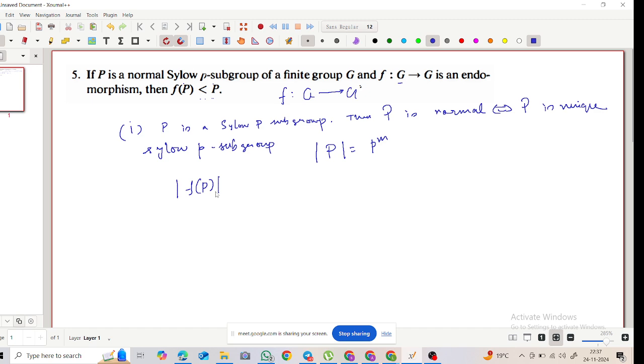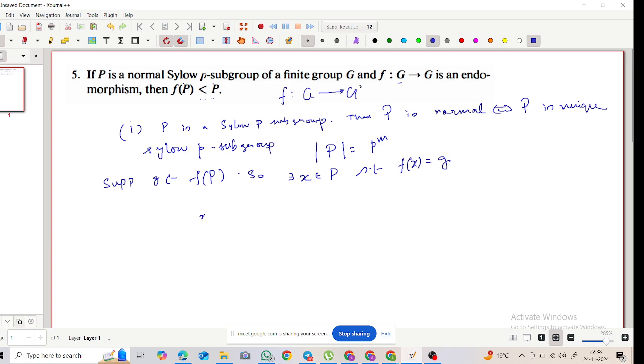What do you think? So suppose g belongs to f(P), right? So there exists x belongs to P such that f(x) is g, right?